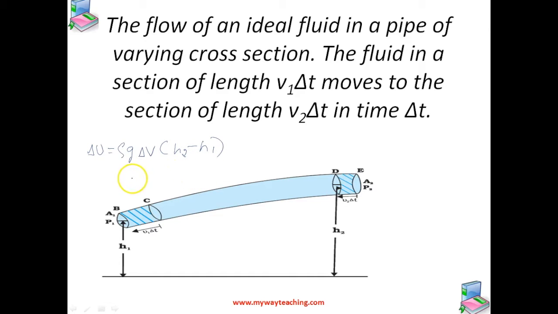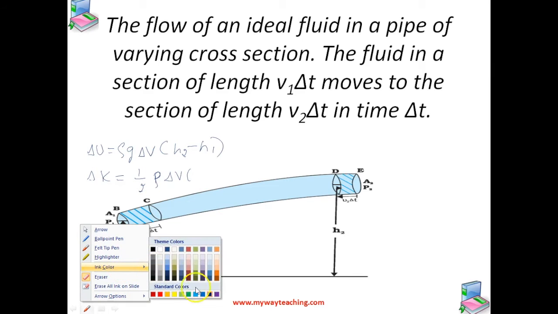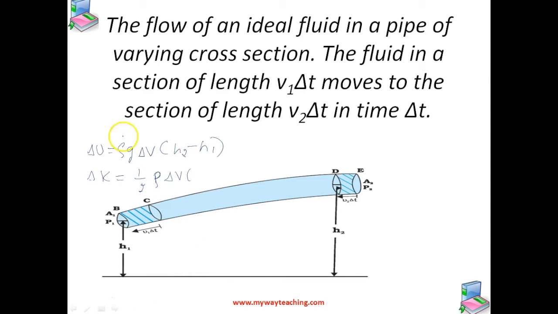The change in kinetic energy, delta K, is 1 by 2 rho delta V into (V2 square minus V1 square). Isn't it?